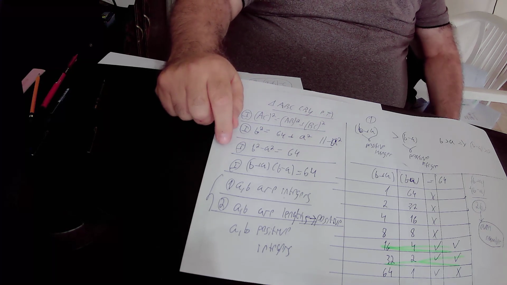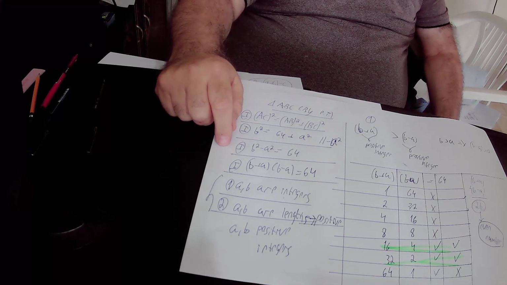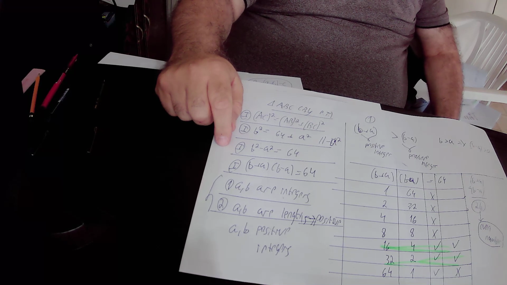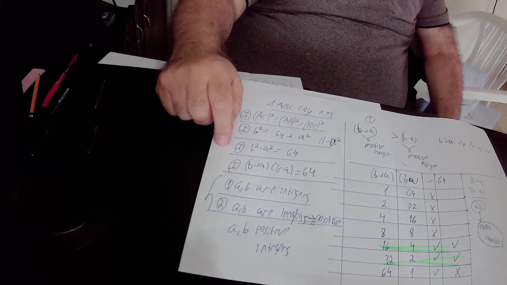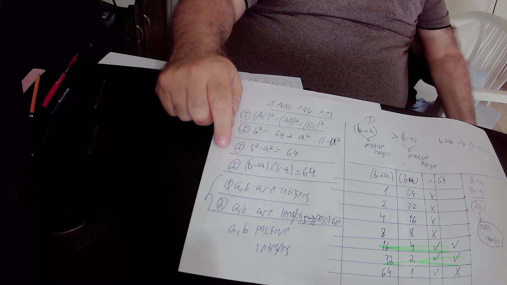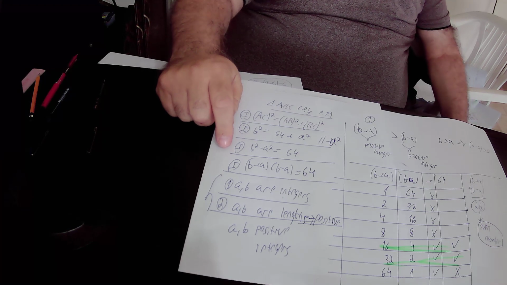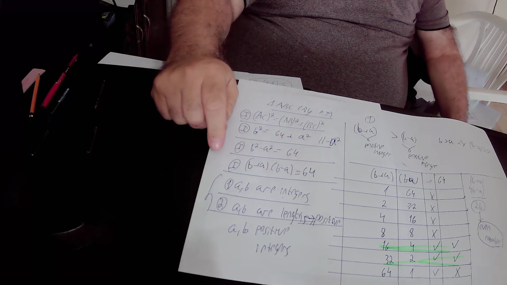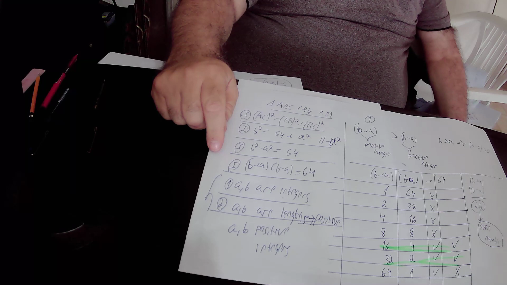Here we know that BC equals A according to our definition, and AC equals B according to our definition. We know that BC and AC are integers, therefore A and B are integers. This is the first thing.